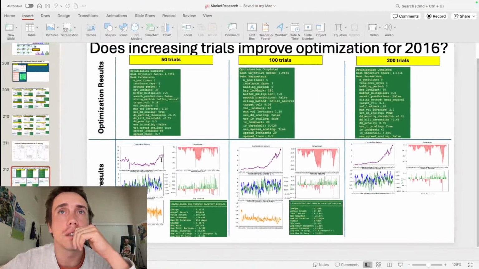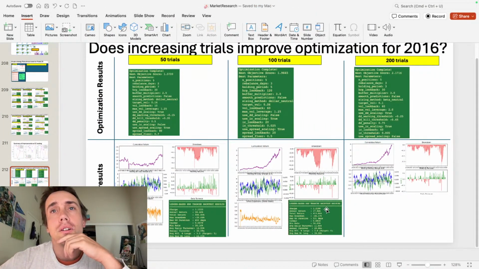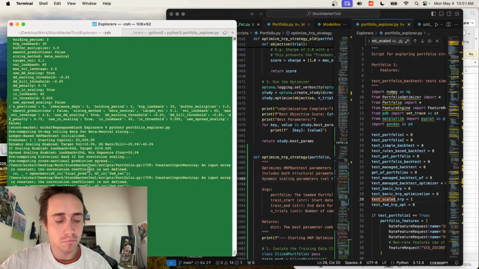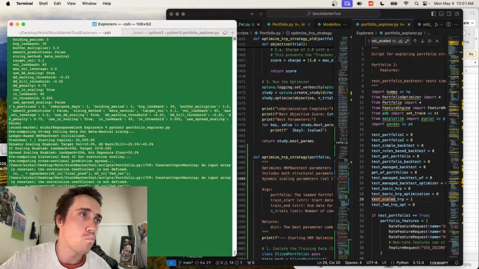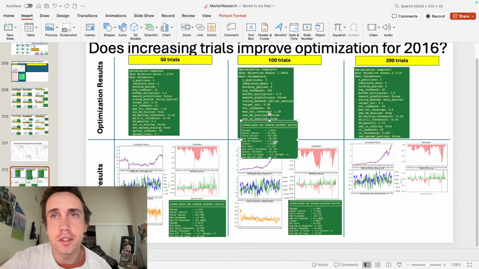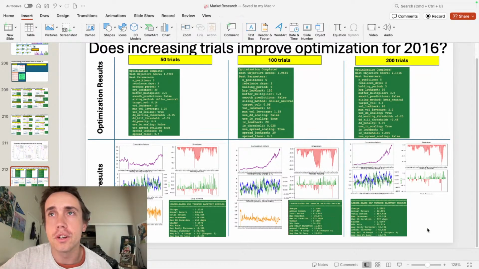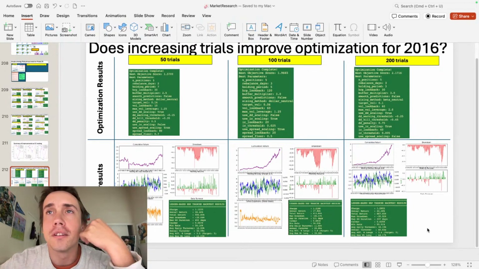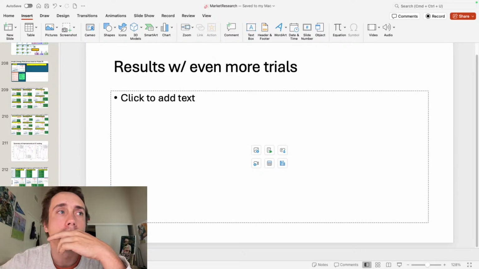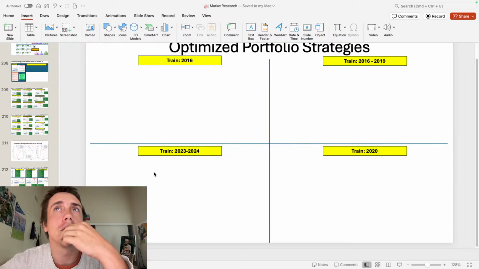Okay, so what's next? So I should document this. That's actually pretty optimistic. I can sacrifice 1 year to training and I get a good backtest. So next maybe I'll train.